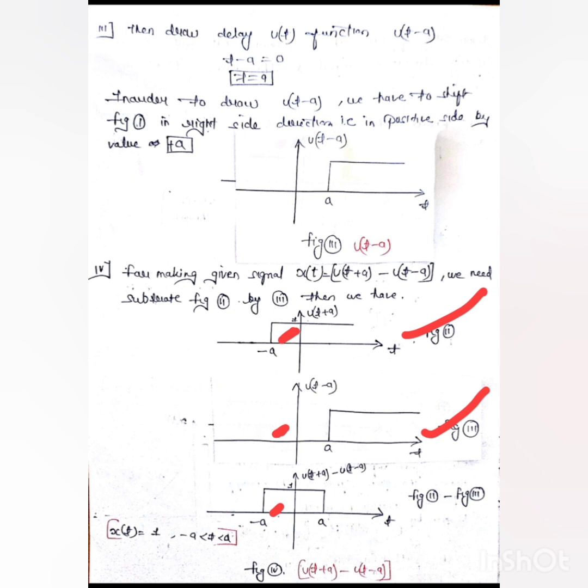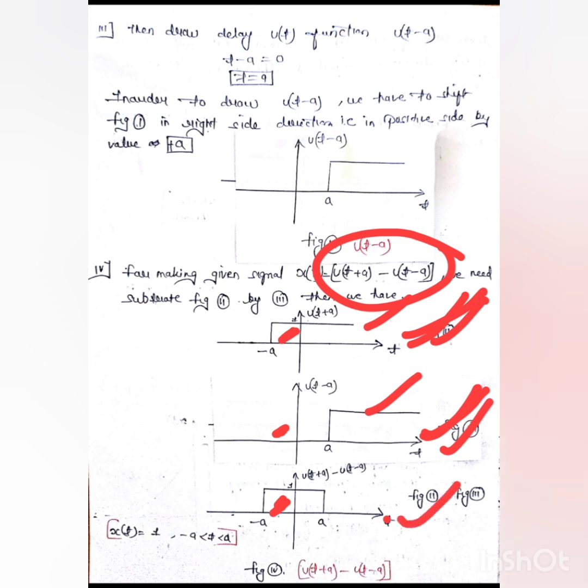We get this particular figure from subtracting this from this, we get this part in the left side. Now after solving this, here we have the figure, which is the first figure. This first figure is u(t+a), the second figure is u(t-a). We get u(t+a) minus u(t-a). So after subtracting the first figure by the second figure, we get this third figure.